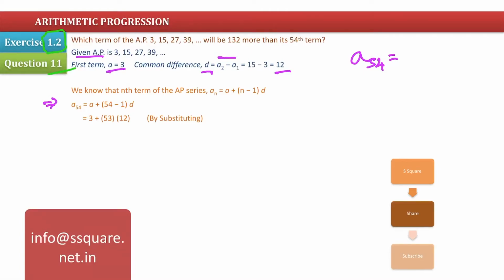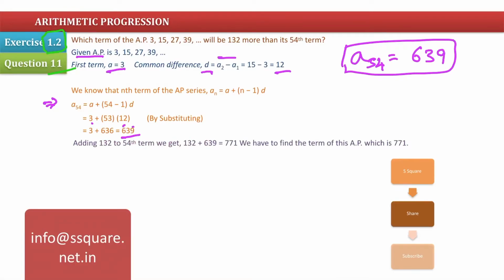A value is 3 and the d value is 12. By substituting all the values, we find that a54 is 639.